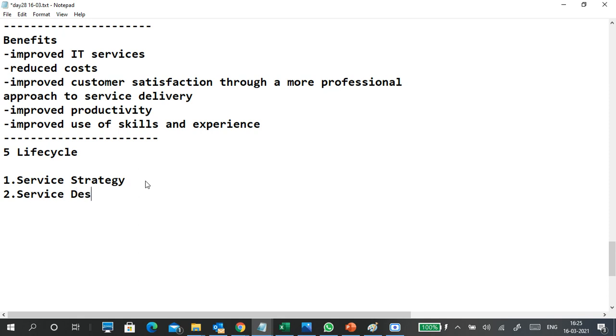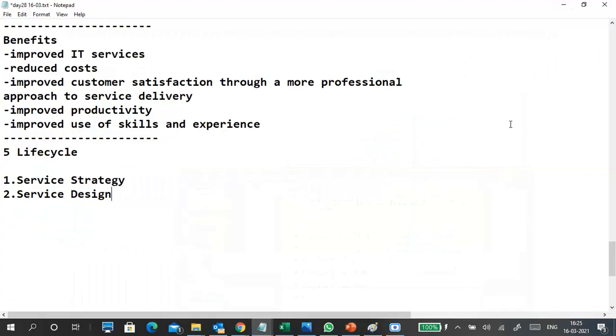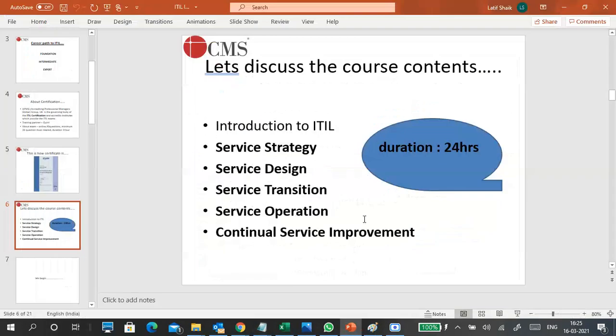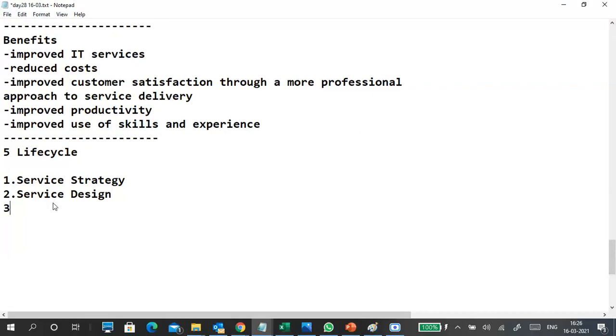I explained all these things already. Service design. Service transition.